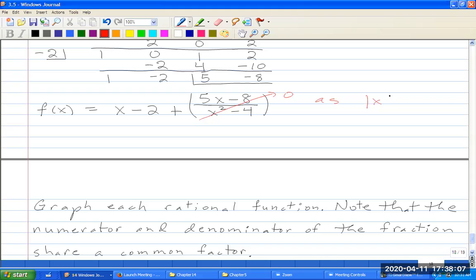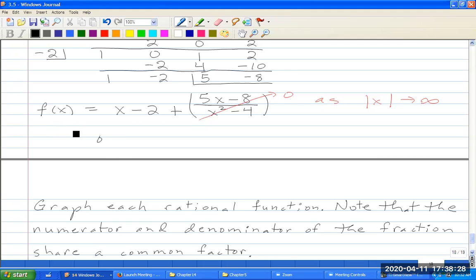And so my oblique asymptote, or slant asymptote, actually I forget which one they called it.